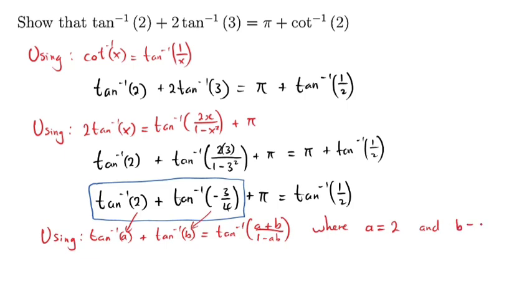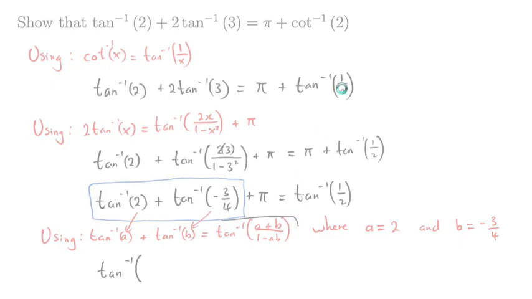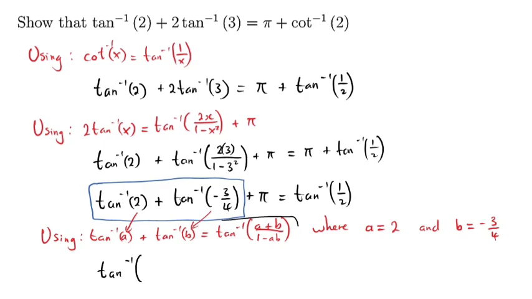So if we use this for the addition part on the left hand side, I'll have tan inverse. Now I'm using this part that we have right here, meaning that I'm replacing A with 2 and I'm replacing B with negative 3 over 4.